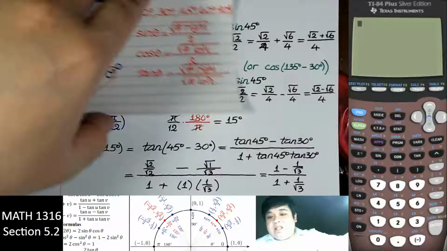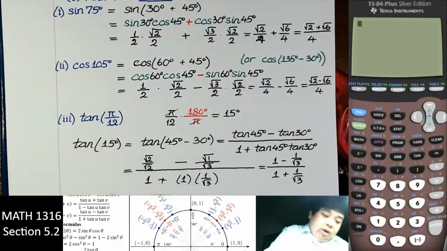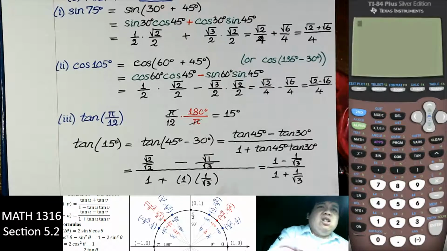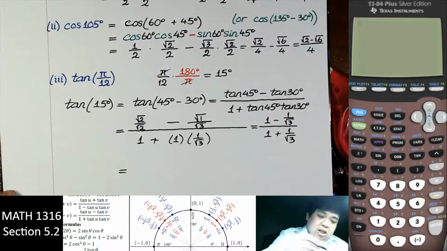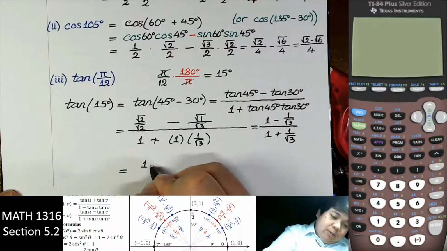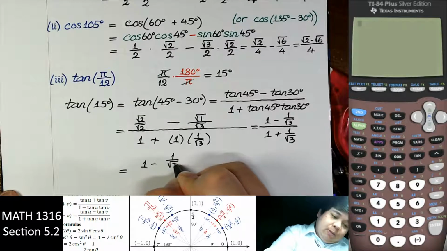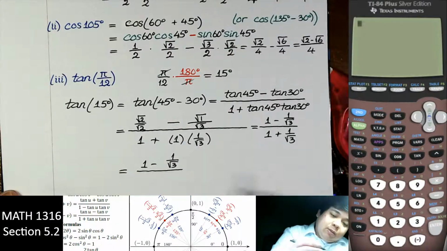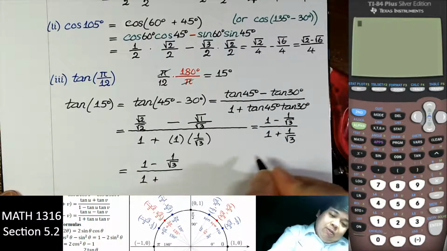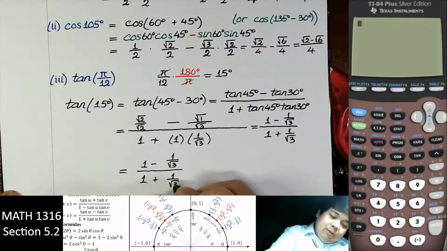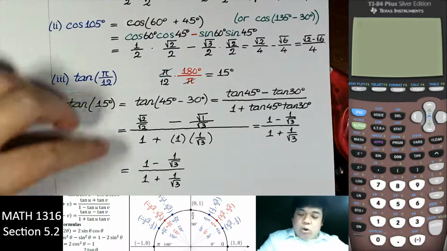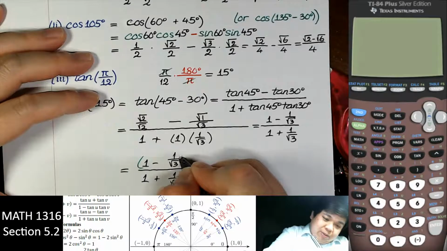Of course, those are the exact values. It's good already. However, it doesn't look very nice when we write it like this. So let's multiply by the denominator of square root of 3, top and bottom.